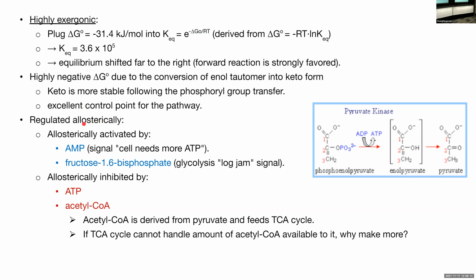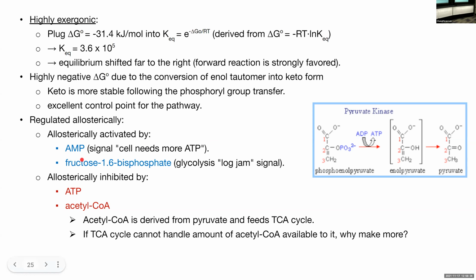To do so, this enzyme, pyruvate kinase, is also regulated allosterically using AMP and fructose 1,6-bisphosphate, which both activate this enzyme's activity.